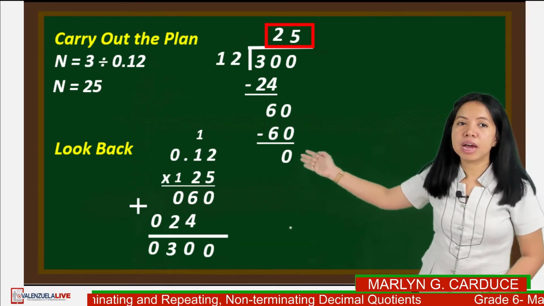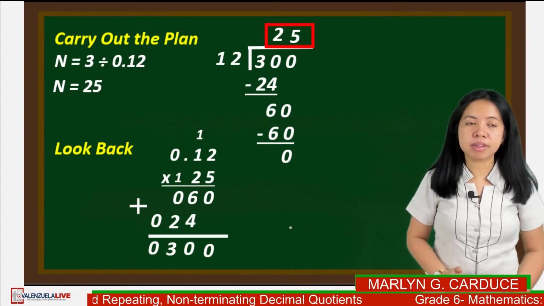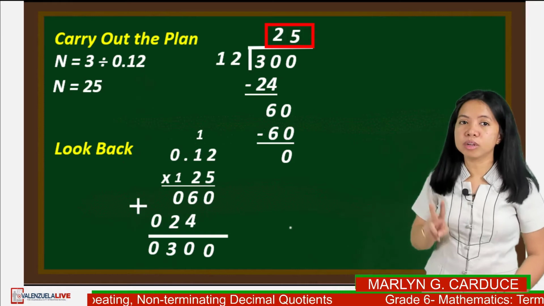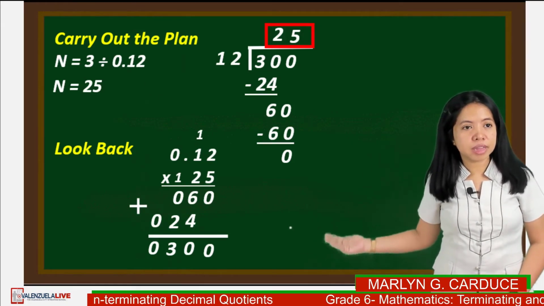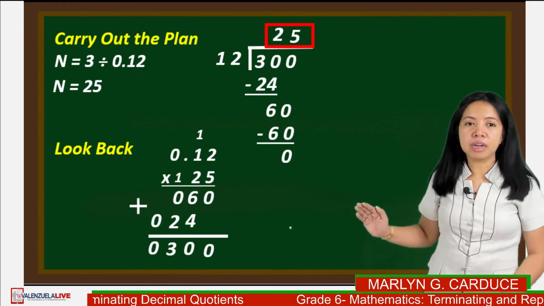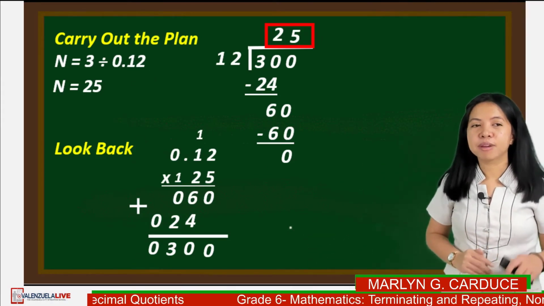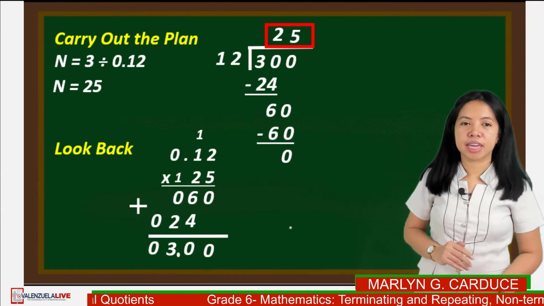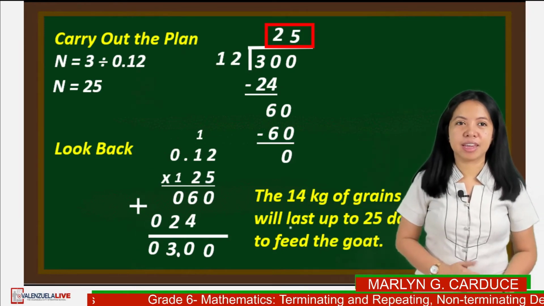And as you can see, we have decimal places in our factors, a total of 2 decimal places. So we will move our decimal point in the product 2 places from right to left. So the answer will be 3.